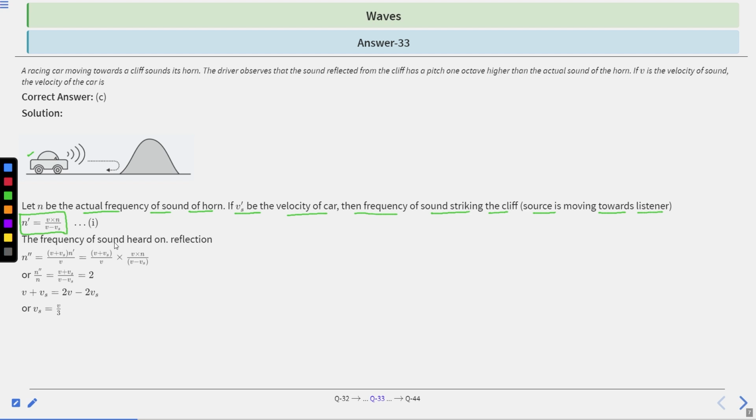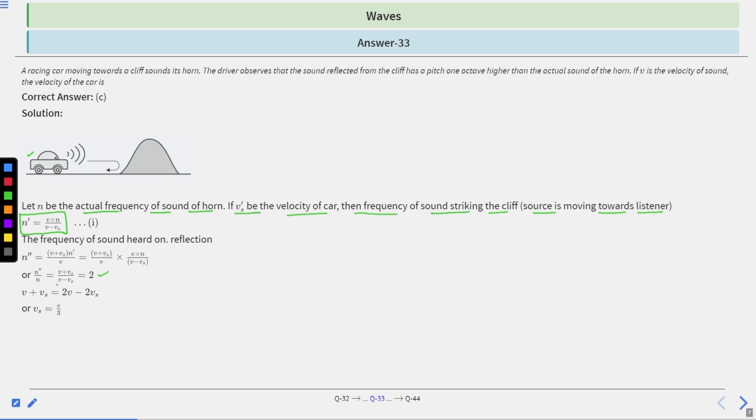And the frequency of sound heard on reflection, N double prime, is equal to V plus Vs multiplied by N prime divided by V. After solving, we get V plus Vs divided by V multiplied by V times N divided by V minus Vs. So the ratio of N double prime divided by N is equal to V plus Vs divided by V minus Vs, which is equal to 2.